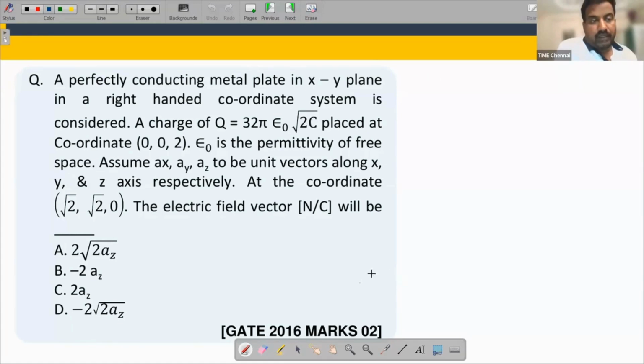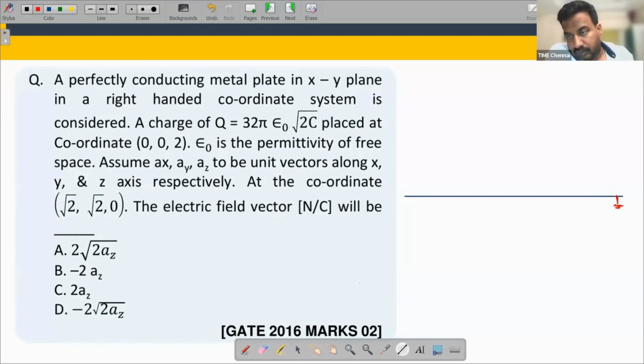How to do this? A perfectly conducting metal plate in the XY plane in the right-handed coordinate system is considered.